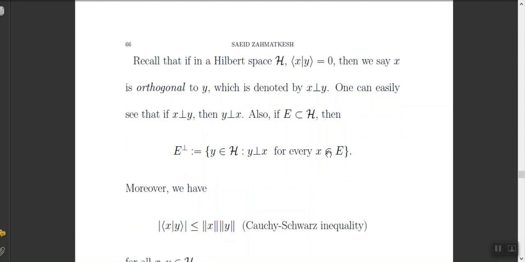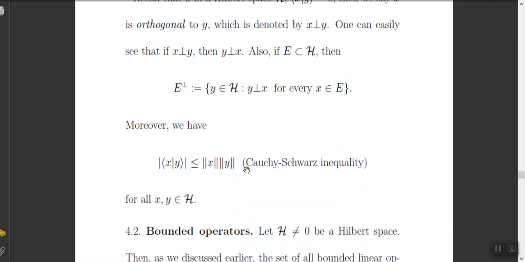And to tell you, if E is a subset of the Hilbert space H, then E perp, you can read it E perp, is defined to be the set of all elements y of H such that they are perpendicular or orthogonal to every element of E. Okay, this is a definition.